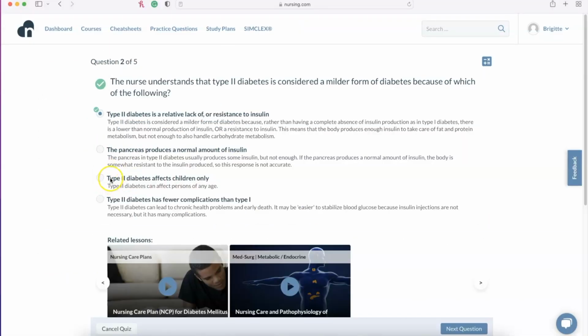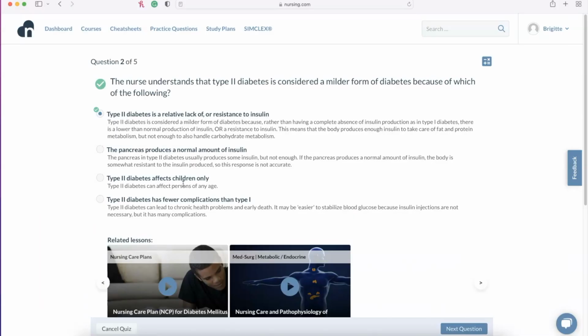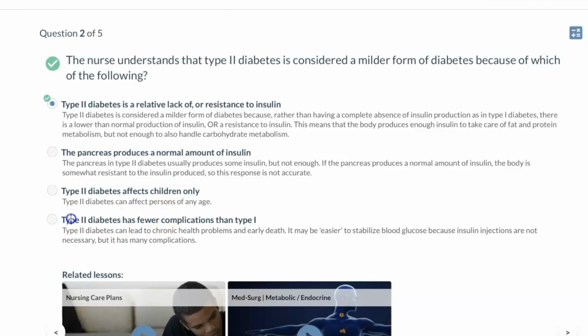Type 1 diabetes used to be called juvenile diabetes, but they are no longer calling it that, because we're now seeing type 2 diabetes even in children as obesity rates continue to climb. Like I said, type 2 diabetes has many, many complications.